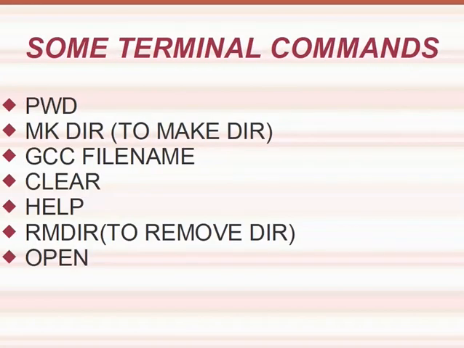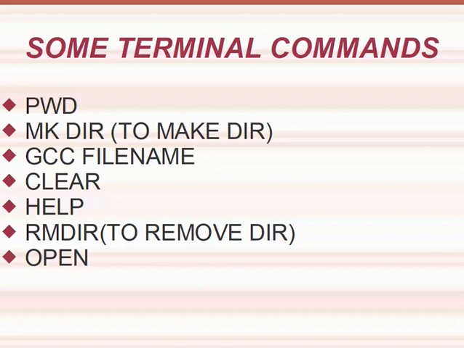Here are some terminal commands which we are going to discuss. Like pwd, the first command, which shows you the path of your working place. mkdir, which is used to make a directory when you want to make a new directory. gcc file name. Here gcc is a compiler which is used to compile a C program.